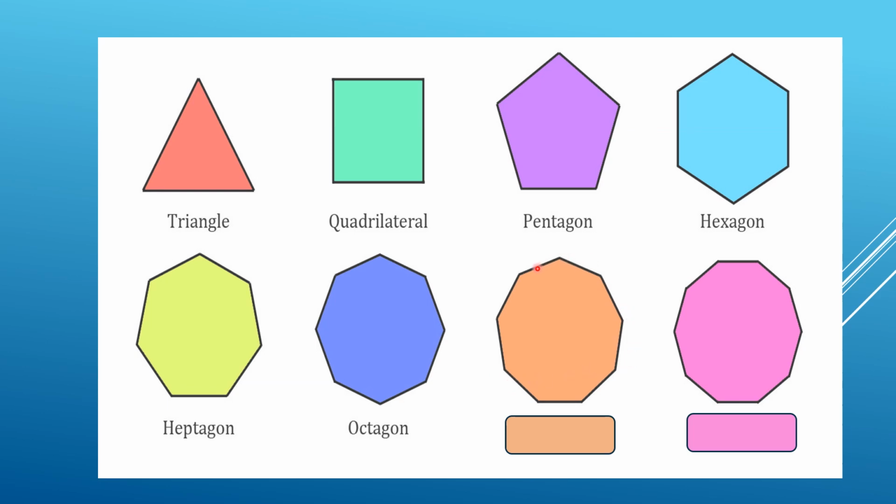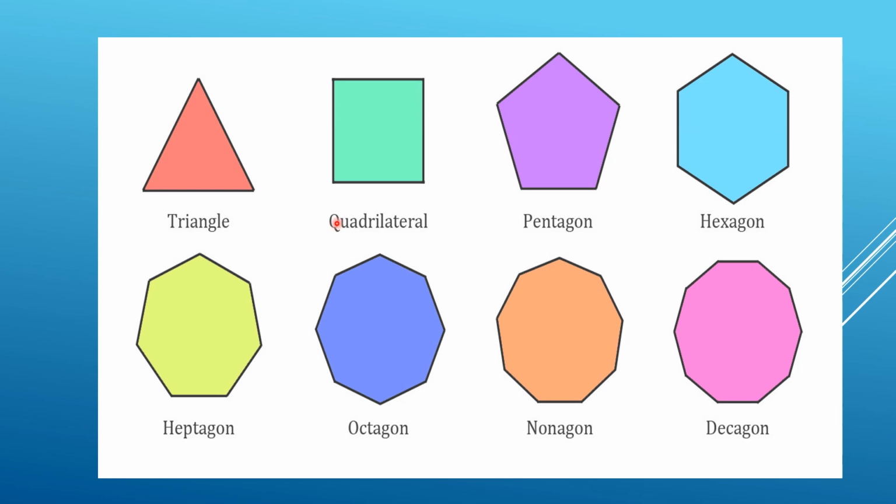The one before the last has 9 sides, 9 vertices, and 9 angles. And the name for this shape is nonagon. Together, nonagon. And the last one, 10 sides, 10 vertices, and 10 angles. And this is decagon. Together, decagon.